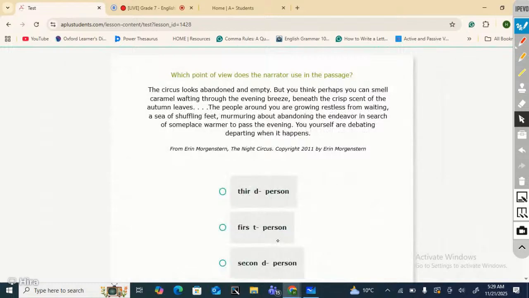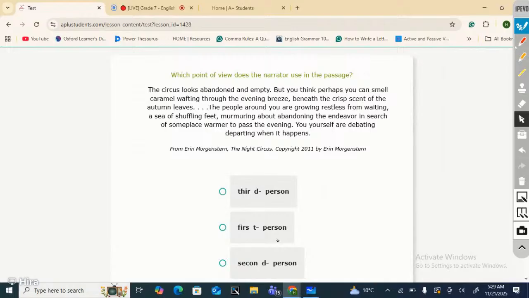The circus looks abandoned and empty, but you think perhaps you can smell caramel wafting through the evening breeze beneath the crisp scent of the autumn leaves. The people around you are growing restless from waiting, a sea of shuffling feet, murmuring about abandoning the endeavor in search of some place warmer to pass the evening.